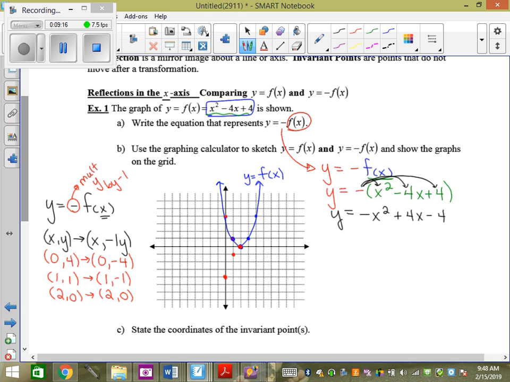Wait, that's the same. Remember I told you we should connect them as we go along? Why is this one the same as this one? Because y is 0, and if I multiply y by anything, it's going to stay 0.